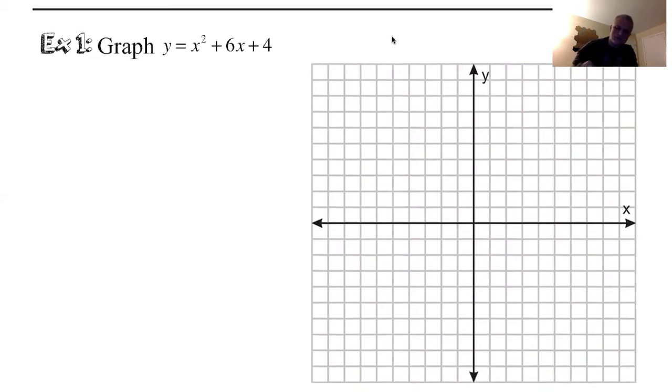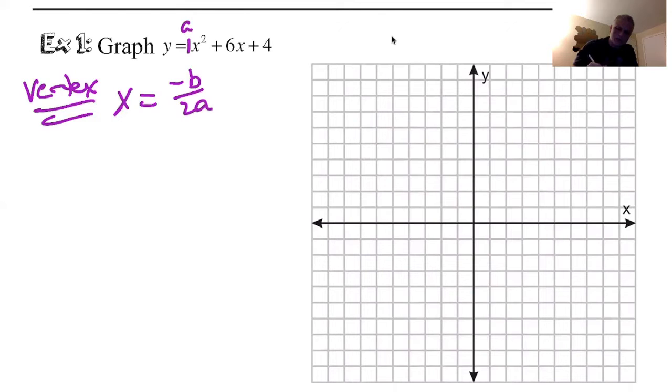So let's learn by doing here, shall we? Let's find the vertex. I want the x coordinate. The x coordinate is the opposite of b over 2a. Here, a is 1, b is positive 6, and c is positive 4. So the opposite of b, the opposite of positive 6, is negative 6.